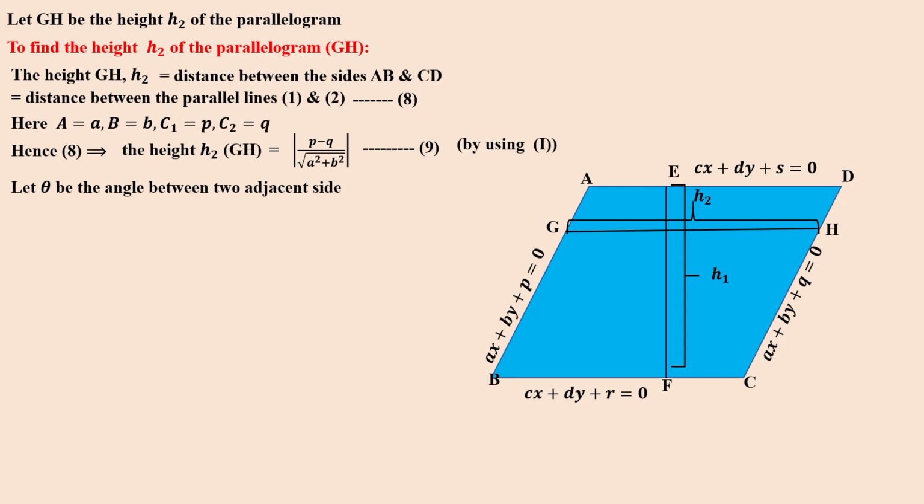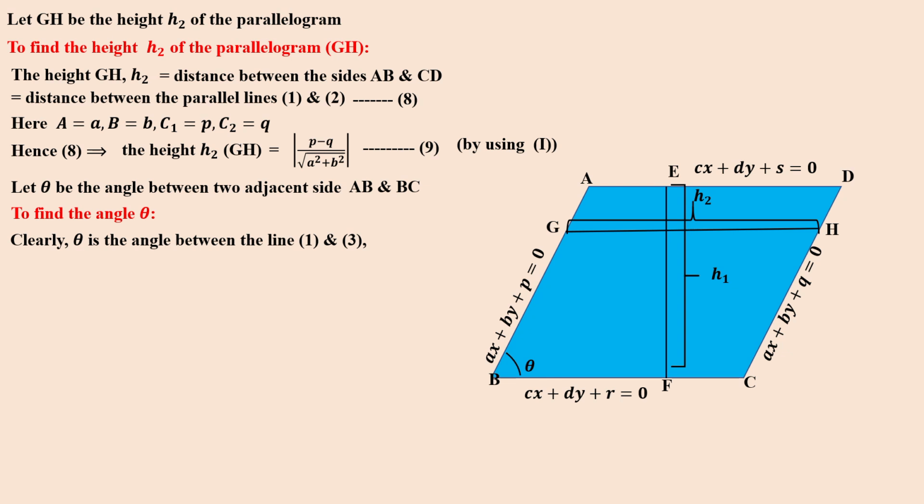Let theta be the angle between two adjacent sides, right? So AB and BC, so this is theta. To find angle theta, clearly theta is the angle between the line 1 and 3, right? Sides represent the lines, so that is line 1 and 3. So the angle between line 1 and 3.